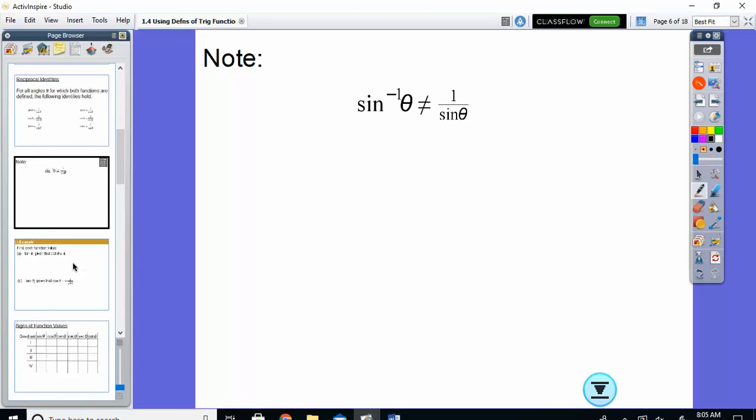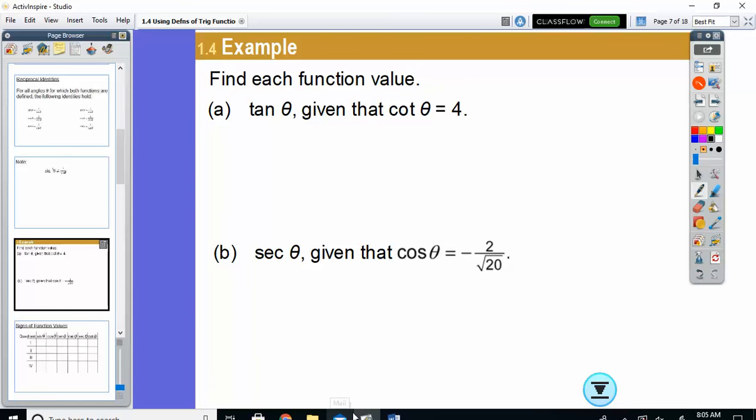All right, here is our first problem of the day. I want to find tangent of theta if cotangent of theta is equal to 4.